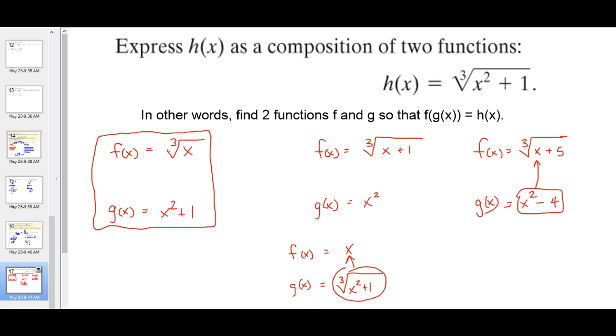I get this function back, which is now a composition. Okay, so this is like the cheating one. If you make the outer function x, you can make the inner function whatever you're trying to come up with, and technically it's right. But again, this is the one that'll help you the most in calculus. That's the one that you want to be able to see, the literal inside and outside function.